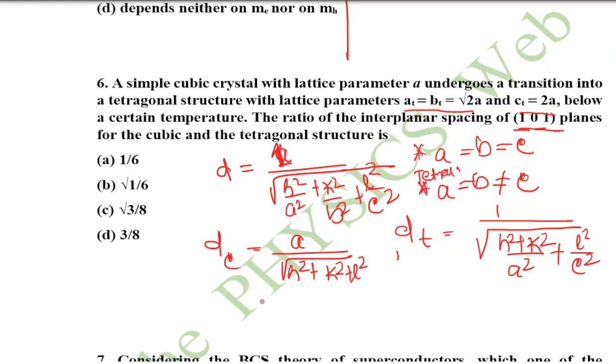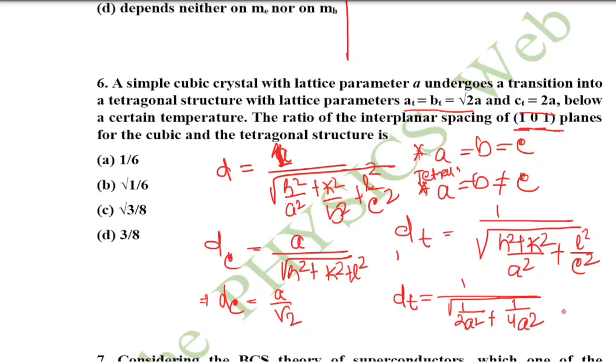So for cubic, the interplanar spacing dc will be a/√2, and for tetragonal it equals 1/√(1/(2a²) + 1/(4a²)), which equals a divided by √(6/8), so it is 3/4, which will be equal to 2a/√3.